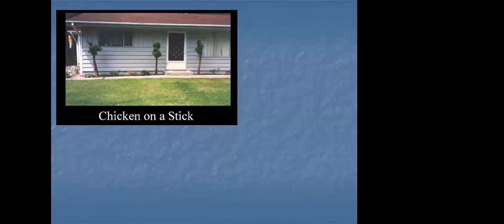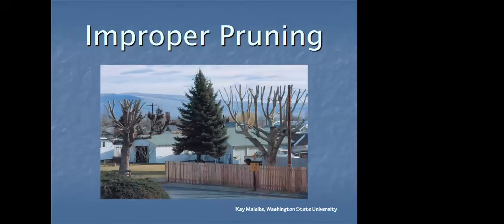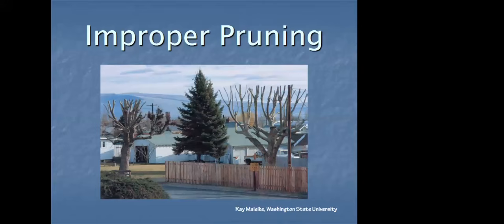Chicken on a stick here. This one, touch tone dialing. Those of us that remember touch tone dialing. So here's some examples, not the conifer in the middle, but the plant to the right and left of that, of topping. And again, if you just go straight across, you're going to get that flush of growth.